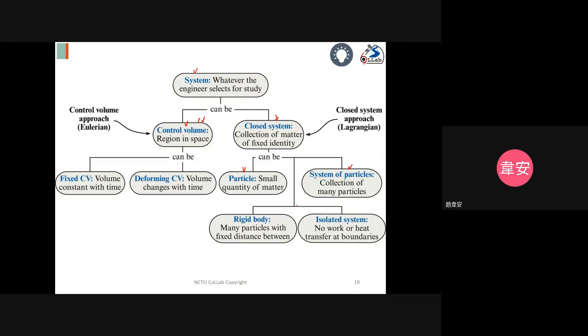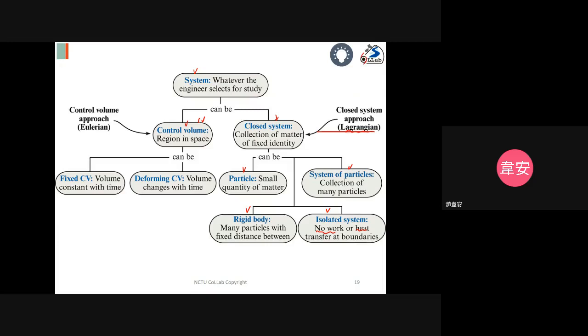Because the closed system cannot have mass crossing the boundary, it is very easy to apply to isolated systems, where you see no work or heat transfer at the boundaries. Also, because the closed system is based on the Lagrange idea, it is very easy to apply to a rigid body, because the Lagrange approach needs to pick up one particle and analyze this particle at different time points.